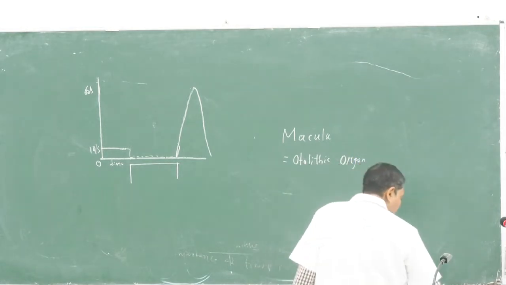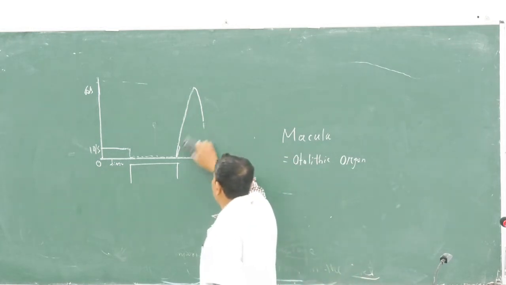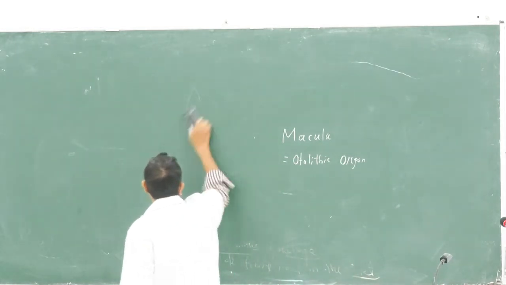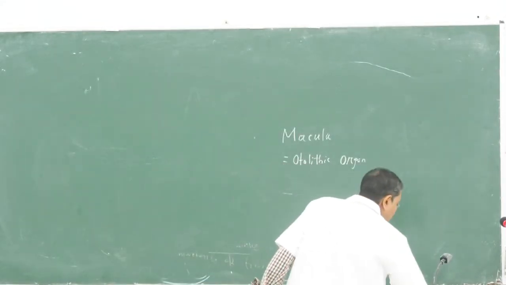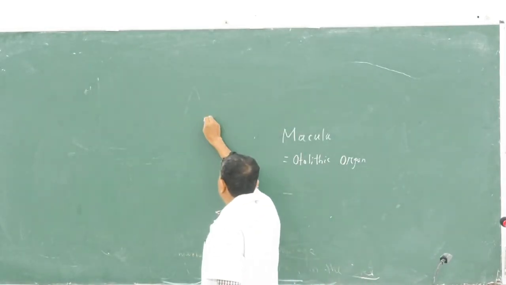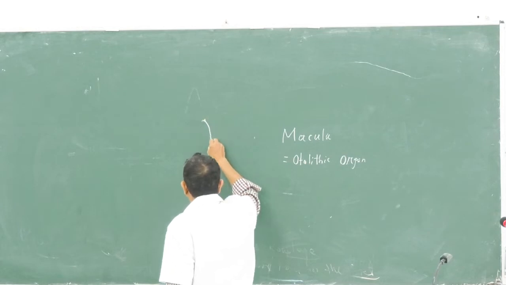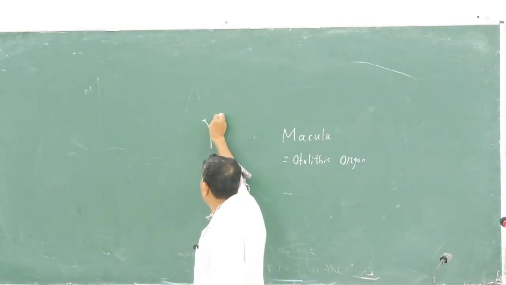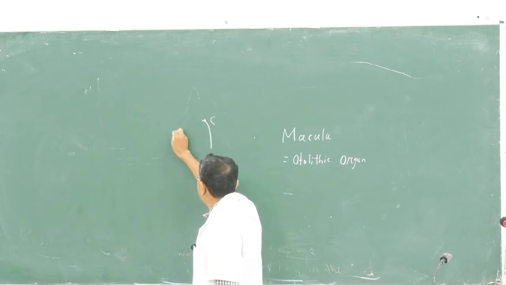And in that case, what occurs? There is the otolithic membrane. The saccule is in a relatively vertical plane, and to some extent the utricle is in the horizontal plane.